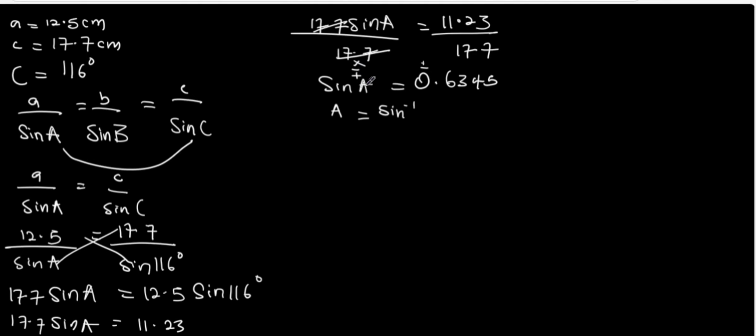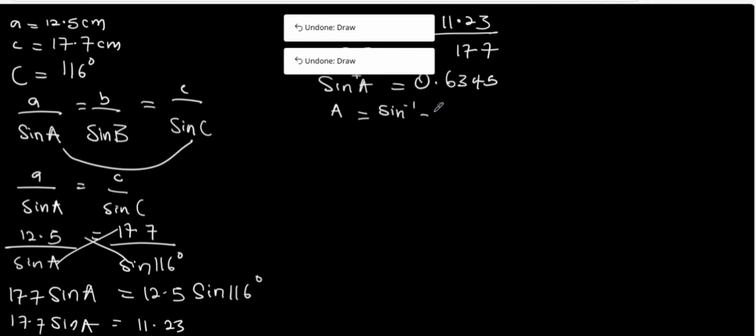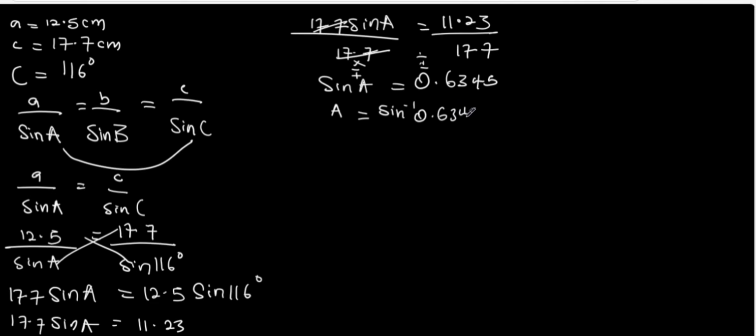If multiplication crosses the equal sign, it changes to division. Same thing, to get angle A, sine will cross the equal sign and change to its opposite, which is arc sine or sine inverse of 0.6345.